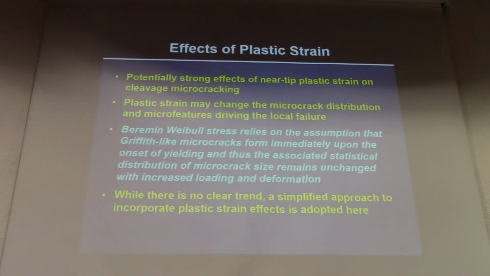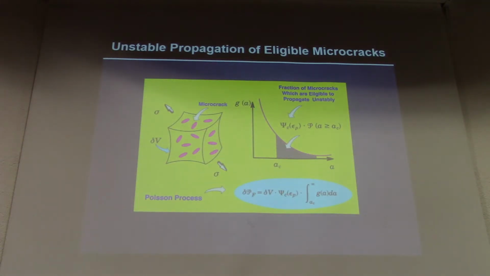Okay. One of the limitations of the Beremin model is that it relies on the assumption that microcracks or carbides will form immediately as soon as yielding takes place. So the statistical distribution remains unchanged with increased loading and deformation. To address this issue, we recently proposed a modification of the Poisson process, and we introduced the function psi sub c, which represents the fraction of microcracks which are eligible to propagate.